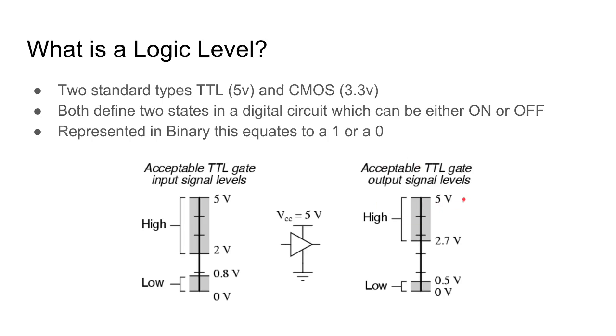And then on the right we show what the standard defines as the output signal levels in a TTL device. You can see the output is defined to be higher than the minimum input voltage for a high state.